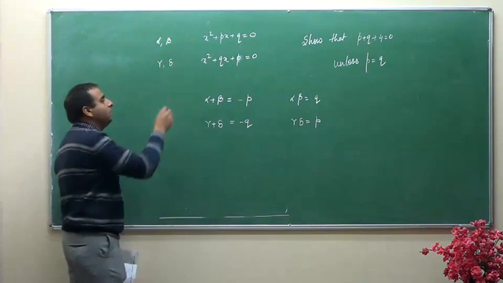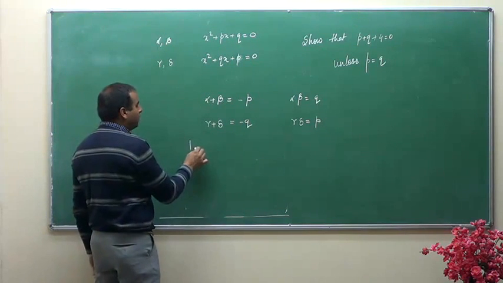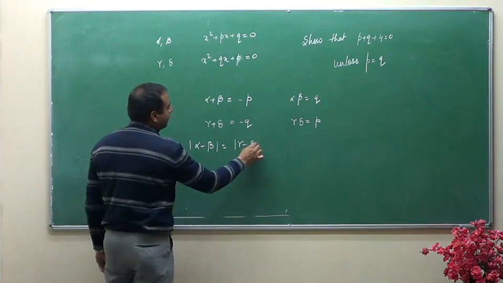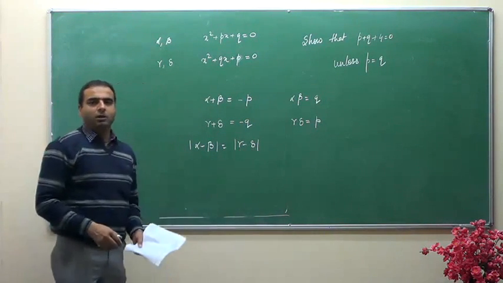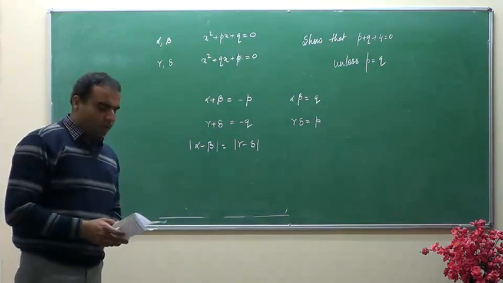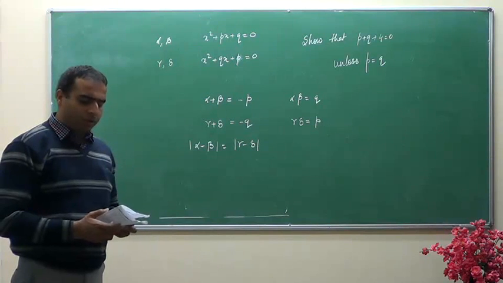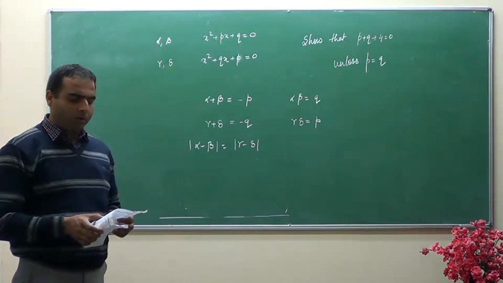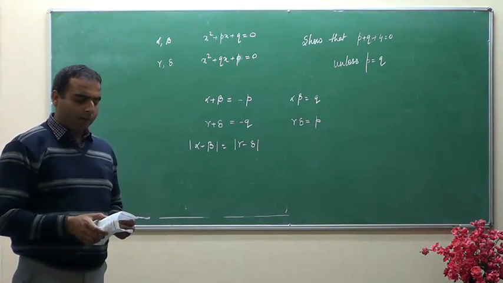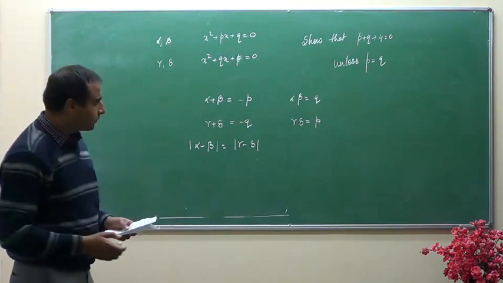So what is common in these two equations? The common thing is mod of alpha minus beta is equal to mod of gamma minus delta. The difference of roots in both the equations is the same, because it is given in the question that the roots of the equation x square plus px plus q equal to 0 differ from the roots of the other equation by the same quantity.